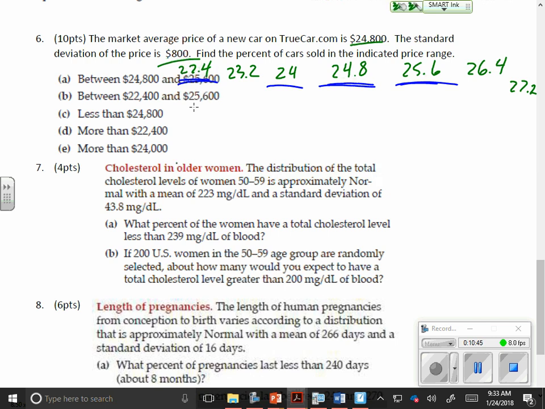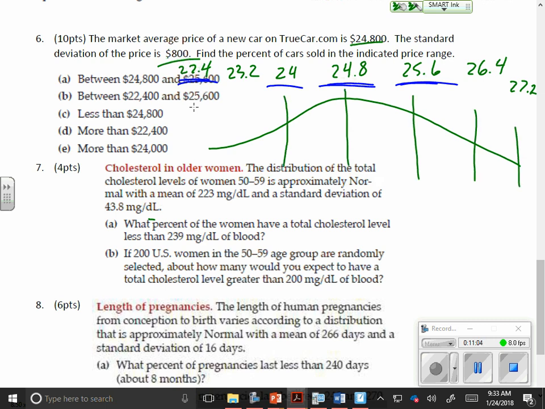So on that curve, you have these breaking points. And in your notes, you have all of the percentages right there in front of you. You should have all of them there.